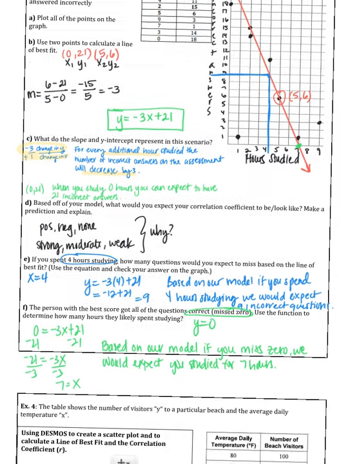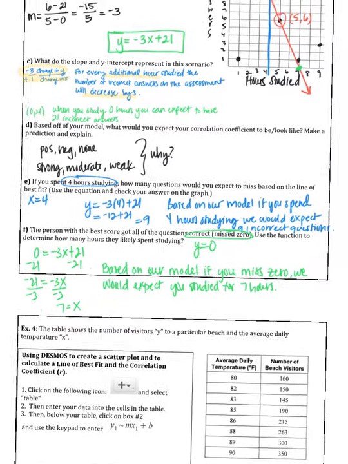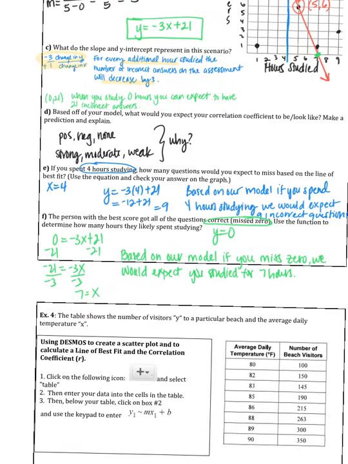Okie dokie, we are going to do example 4 in class together the next time that I see you. So save this example to go over in class. You do not need to do that for homework.